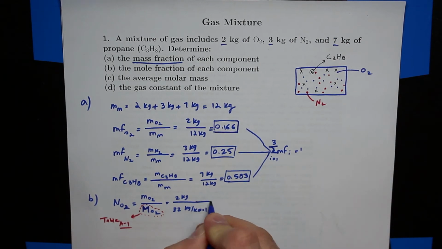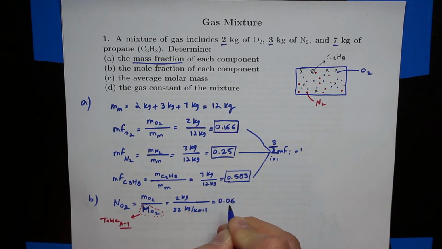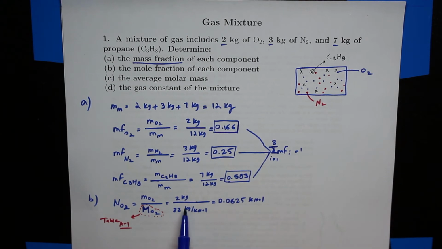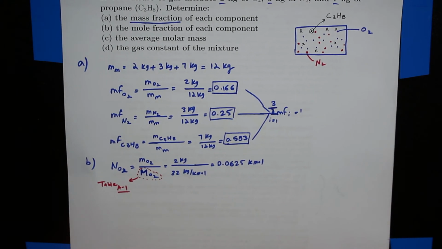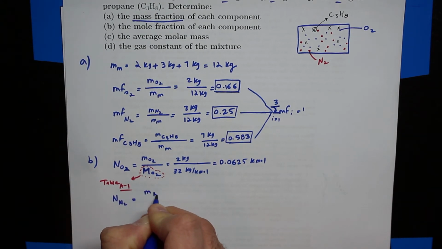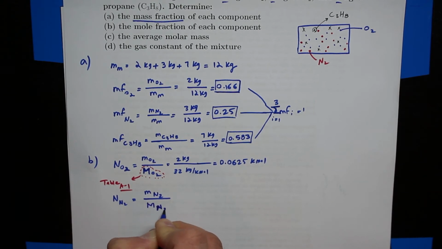Okay, so this number of moles is going to be 0.0625 kilomole. And for the unit of kilomole, basically this kilogram cancels this one, and then we have a kilomole in the denominator. So I do pretty much the same calculation to obtain the number of moles, but for nitrogen this time. So that will be mass of nitrogen divided by molar mass of nitrogen.